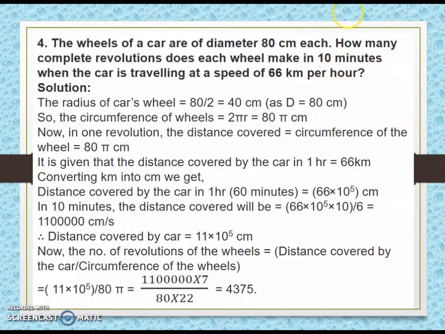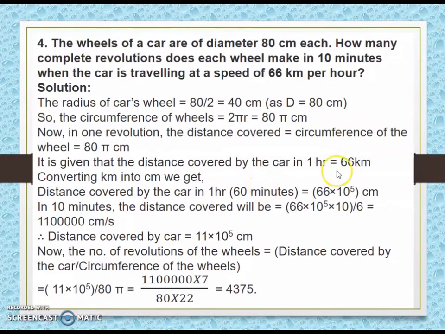Now the speed of the car is given as 66 kilometer per hour. That means in 1 hour, it can cover 66 kilometers. Now, since the diameter and radius, everything we have found in centimeter, this 66 kilometer per hour can also be converted into centimeters because we need the same units.